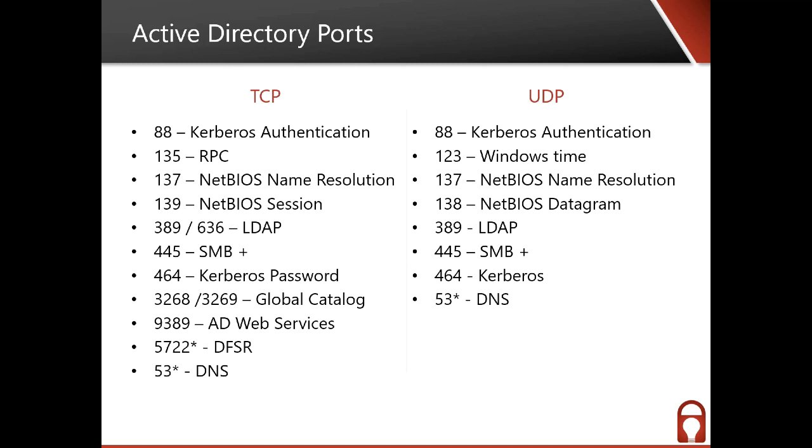And this is, once again, not just to the different clients on the network, but also to each other. As you see, there's about 21 ports up there plus all of the ephemeral ports. Large number. And you may not see all of these ports, such as 53 DNS or 5722 for DFSR, depending on the environment. But the rest are very common and you will see them on every domain controller.